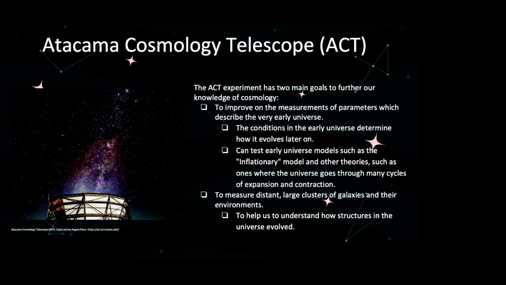We also have the ability to measure distant and large galaxy clusters, like the work that Morgan was doing. And it will eventually help us understand how these structures in the universe evolve.